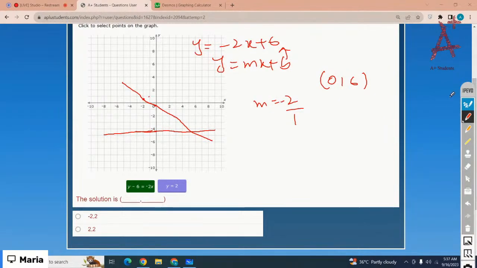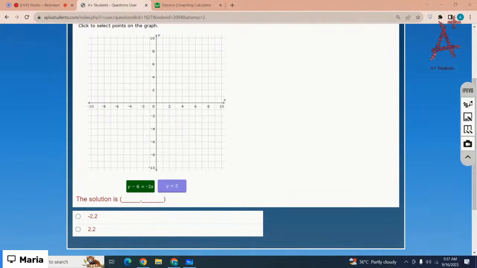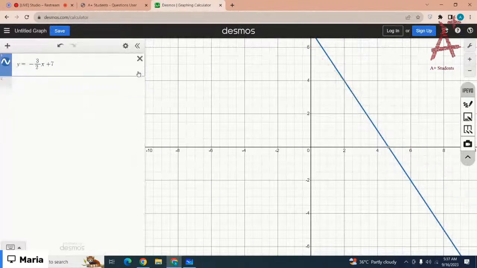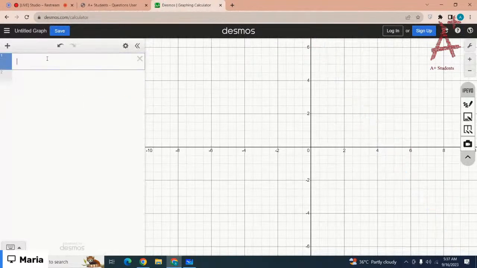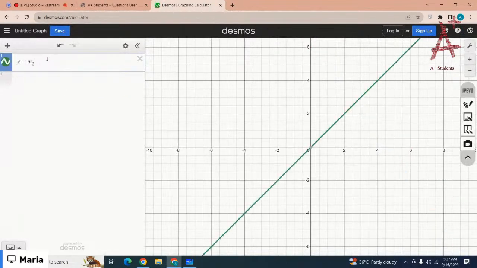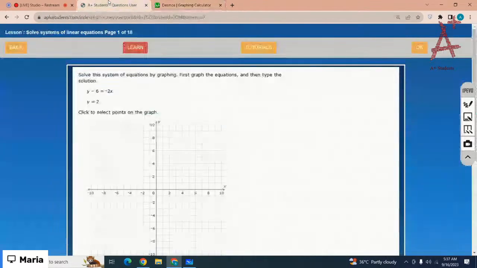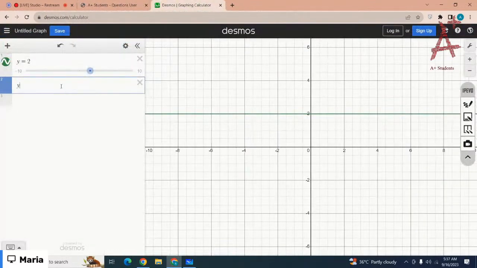Let me just plot here, then I'll match the equation, hold on, y equals 2. That's why graphing equation on board is very difficult. Always use an online tool. Y equals 2, y minus 6 equals negative 2x.